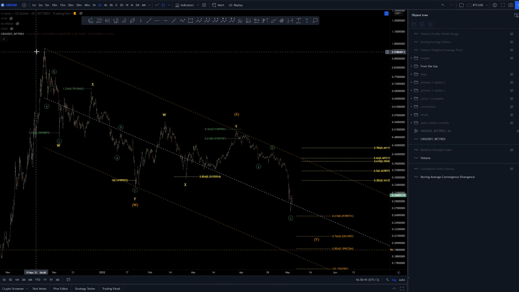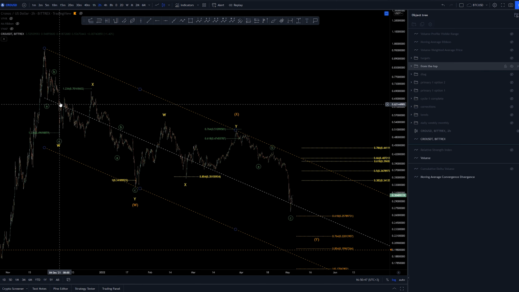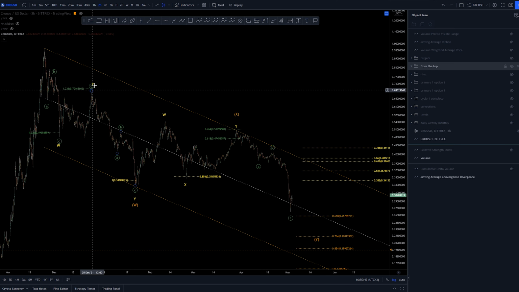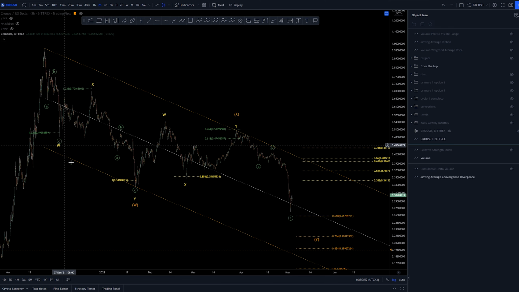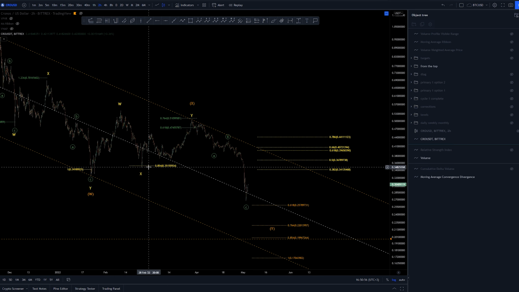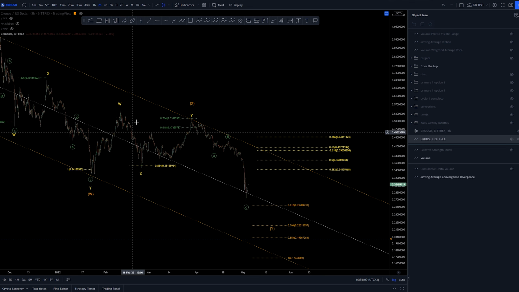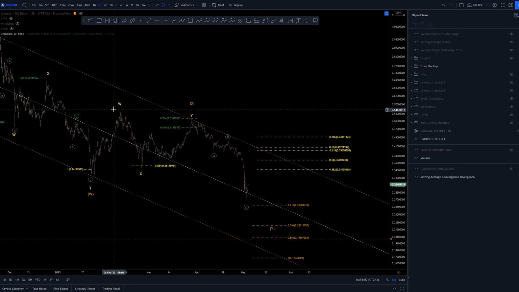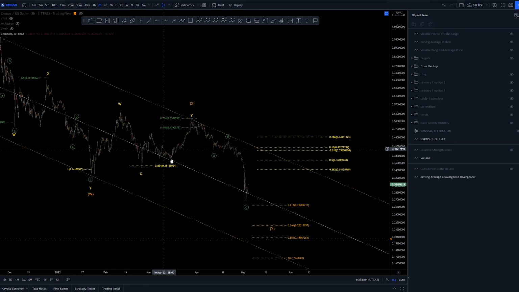So what I see here is an ABC into W, another flat structure into X, ABC. So this is a double zigzag into W, then some kind of a flat pattern. It comes down to the 0.854 retracement for the wave X of the wave Y, and then another 3 waves.